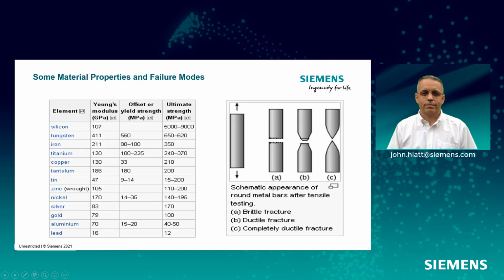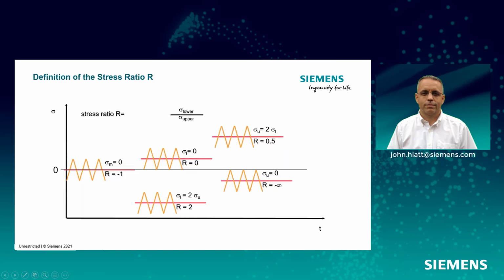Steel is a compound, it has a lot of different elements, it has a recipe for it, but here I'll give you some idea of some values. Fracture-wise, generally we're not in the ductile region, we're more around this region. I don't know of too many parts that are made with ductile materials.